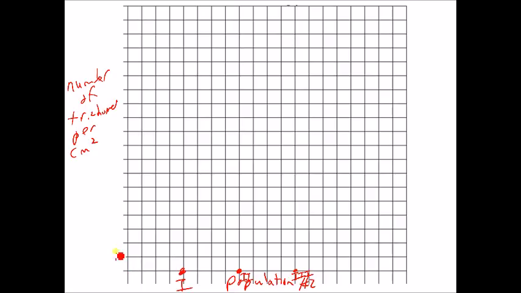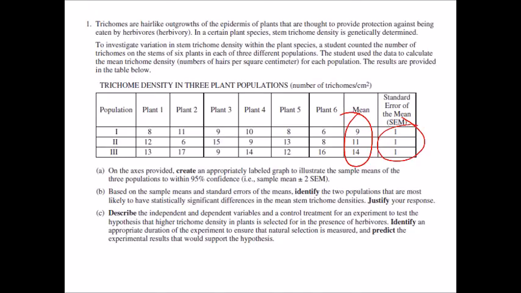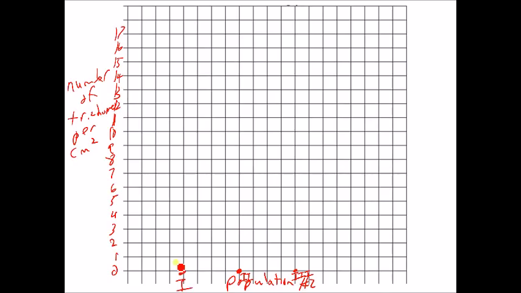So 0, 1, 2, 3, 4, 5, 6, 7, 8, 9, 10, 11, 12, 13, 14, 15, 16, 17. That should be enough. Again, we have means of 9, 11, and 14. For population 1, we're going to go up to 9 and make a bar graph.